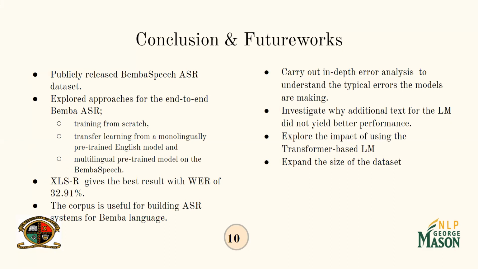And also, we want to explore the impact of using neural-based language models, e.g. the transformer-based language model. And lastly, we are interested in expanding our dataset size from 20 hours going up, also in the number of speakers and the languages of Zambia.